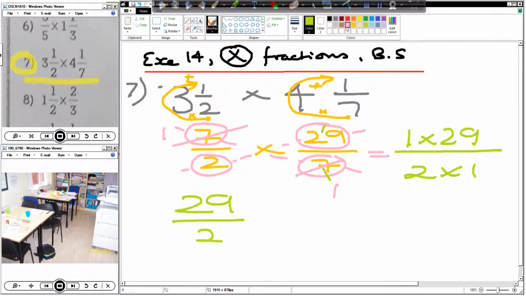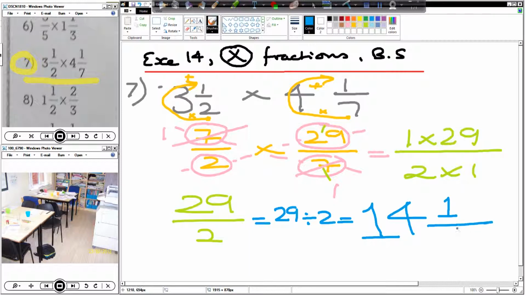So 29 over 2 is now going to be converted. What do we do? We say 29, that line means divide by 2. So it's 29 divided by 2, which is equal to 14 whole ones, and the remainder is 1, the 1 over the 2.